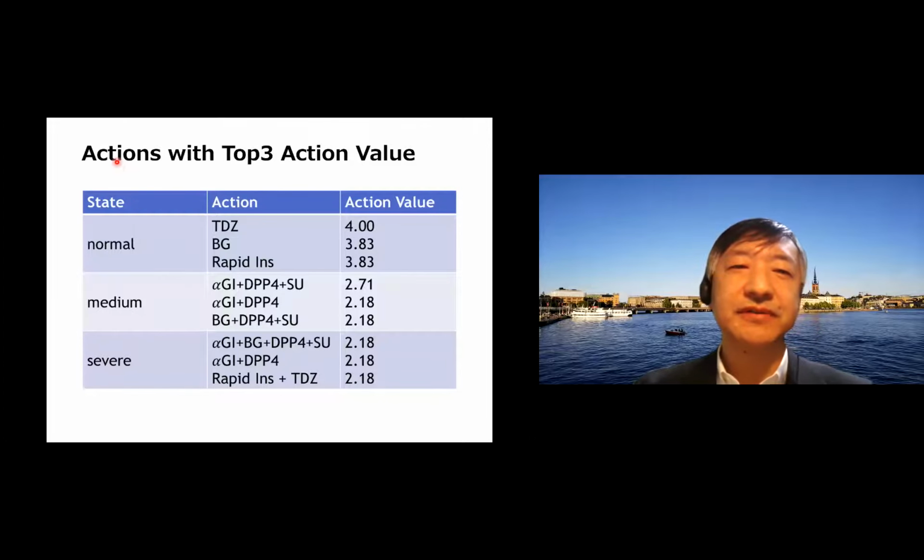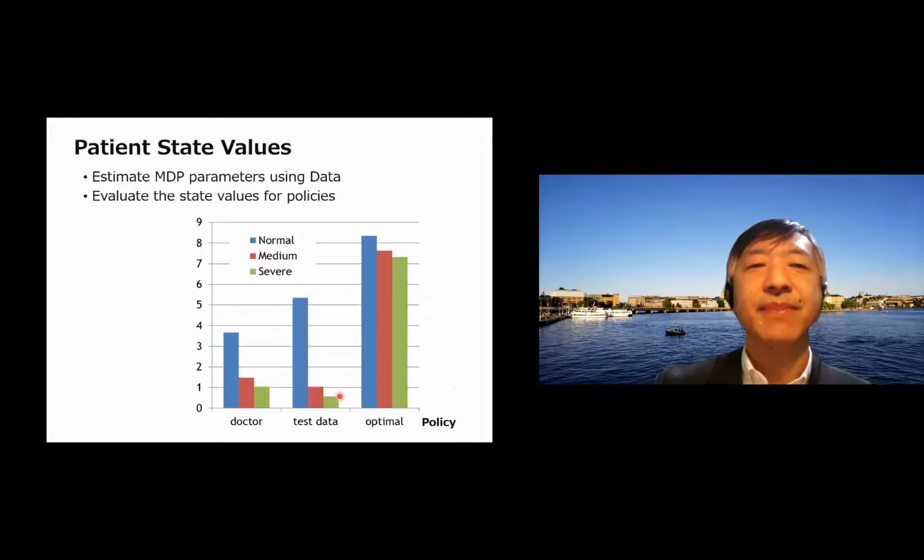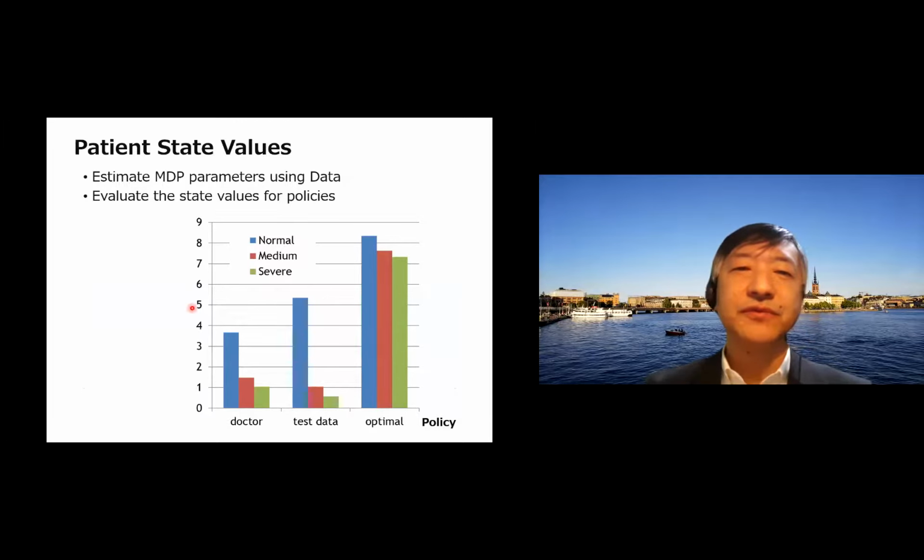For example, among the actions with the top 3 action values, for a normal state patient, this simple dosage has a high action value. And for a severe state patient, this kind of complex dosage has a high action value. We can also calculate the patient state value under some policy.